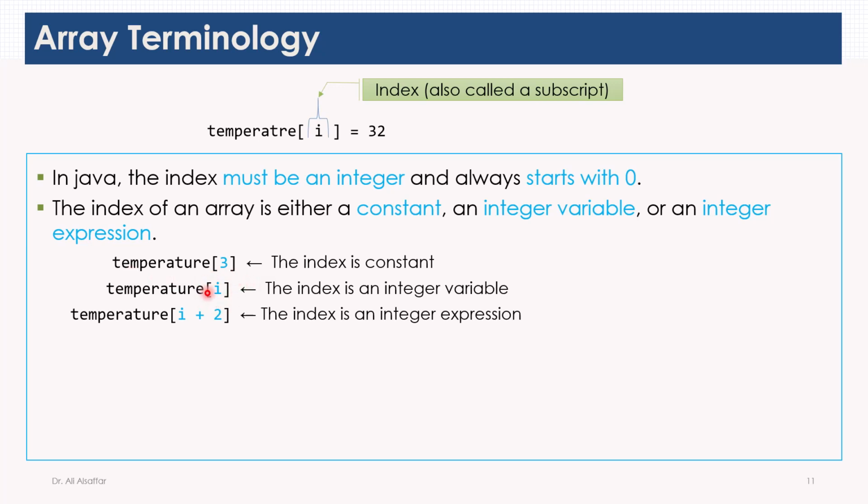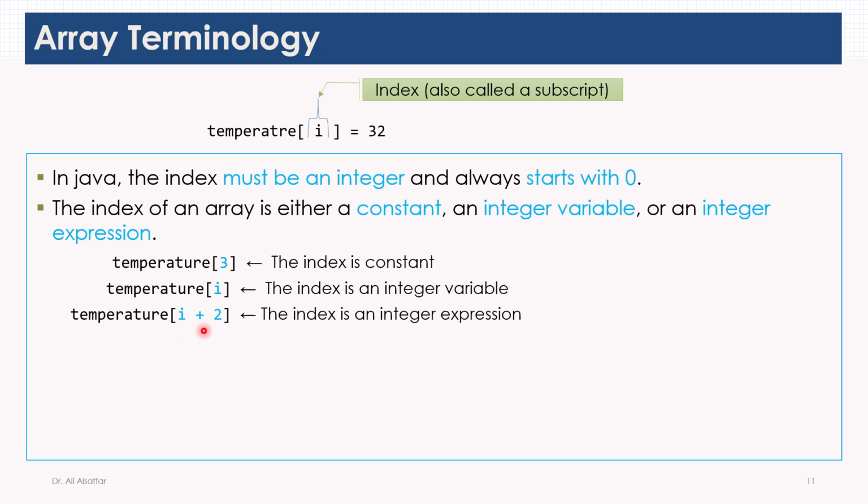Now the second option, we are using a variable, which is an integer variable, for the index. It depends on what the value of I is. The value of I will determine the location of the element inside the array. So this is an example of an integer variable index. The third option is that the index is an integer expression.